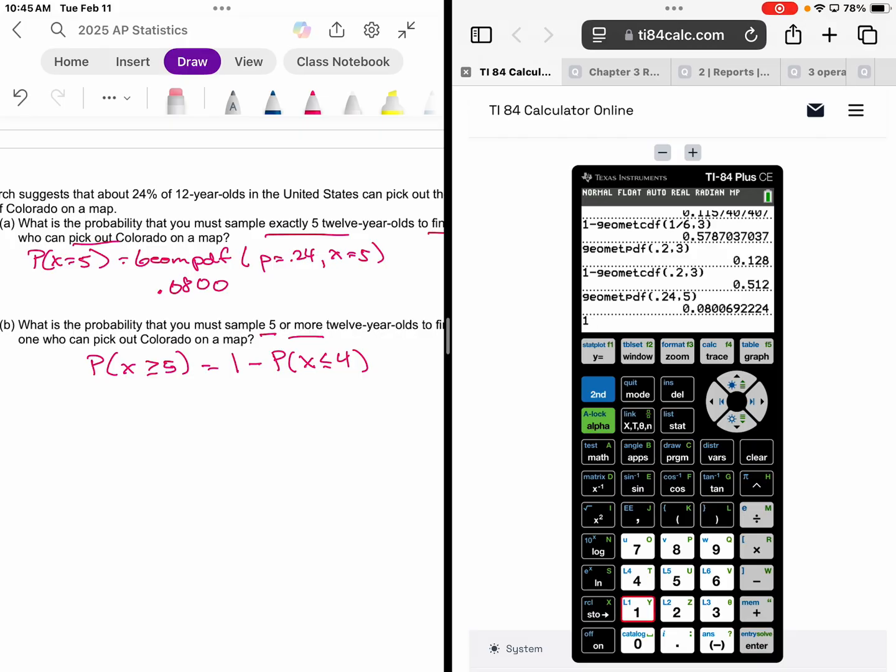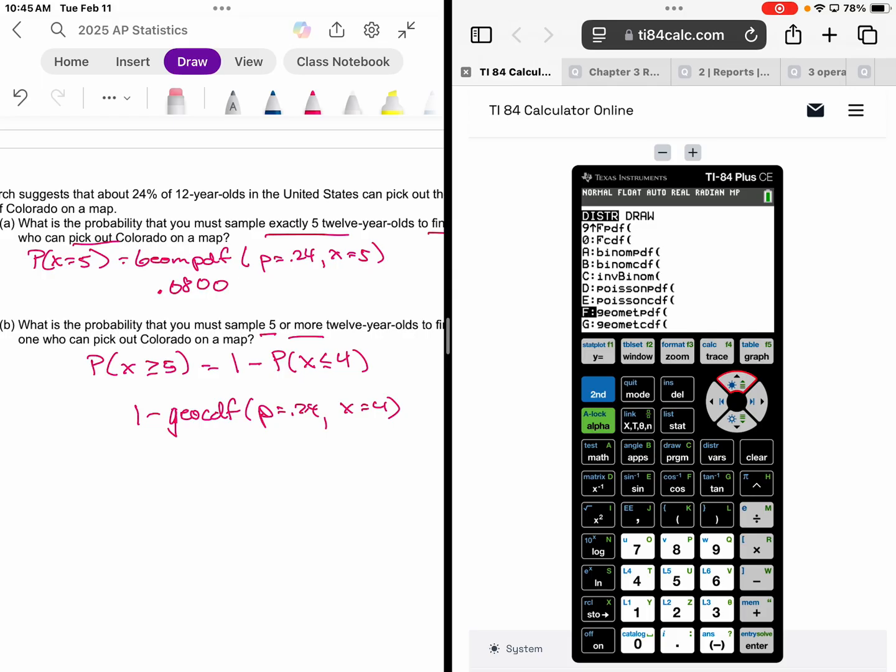So 1 minus geometric CDF, and then p is 0.24, x is equal to 4. So second vars, and change those.